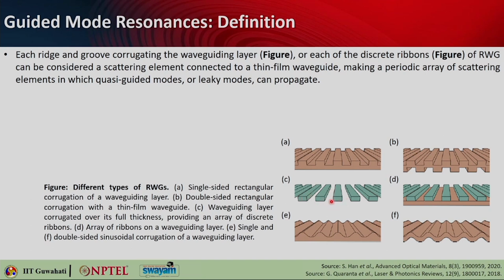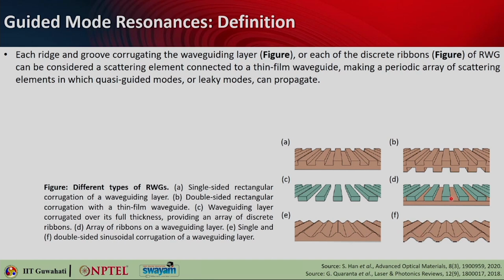So, it is basically, you have just etched the entire thing, okay, and this is actually giving you a discrete ribbon kind of structure, and this is the same thing, but you are having these ribbons on top of a waveguiding layer. This is a single sided sinusoidal corrugation of the waveguiding layer, whereas this one is a double sided sinusoidal corrugation.